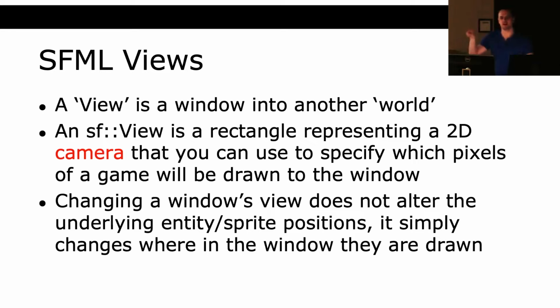But if I didn't have a view or a camera in my graphics engine, how might I accomplish a camera moving to the right? Well, I could move everything to the left, right? If I took the positions of everything in the world and moved them to the left in the game world, that could be used to simulate the effect of a camera moving to the right.